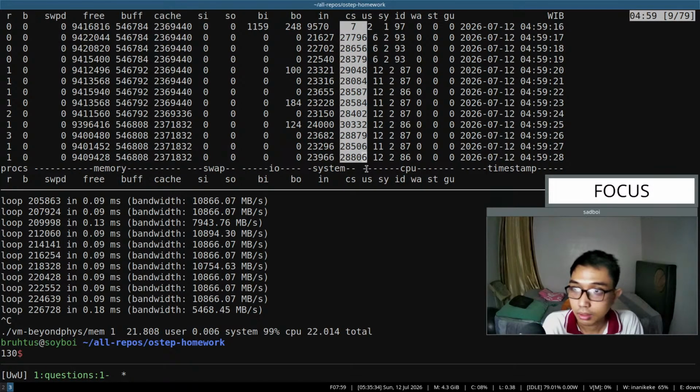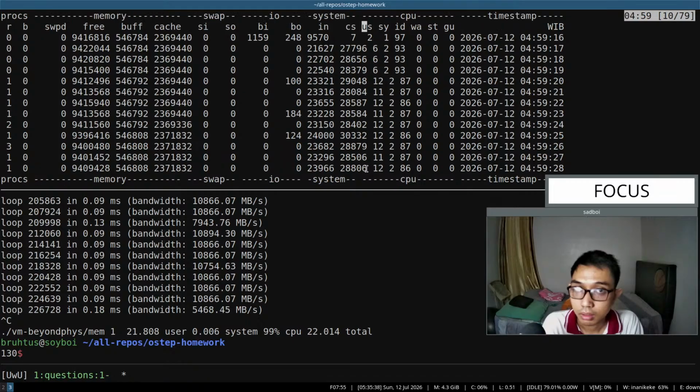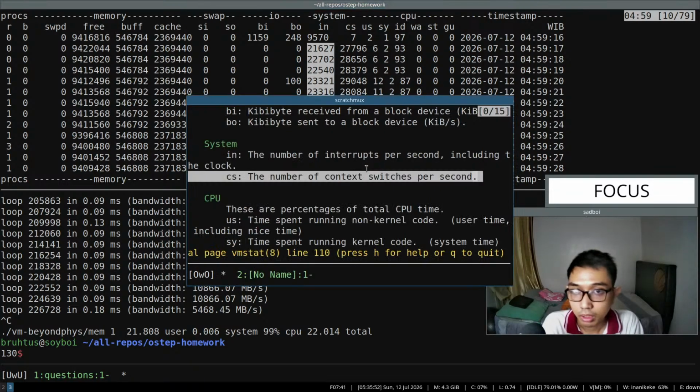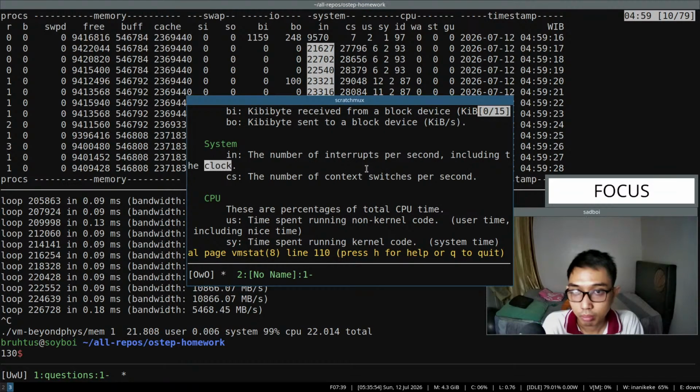Interesting. Alright. And this is interrupts. Oh, there's a lot of interrupts in here. Maybe the clock interrupt is the hardware interrupt. Maybe something like that.